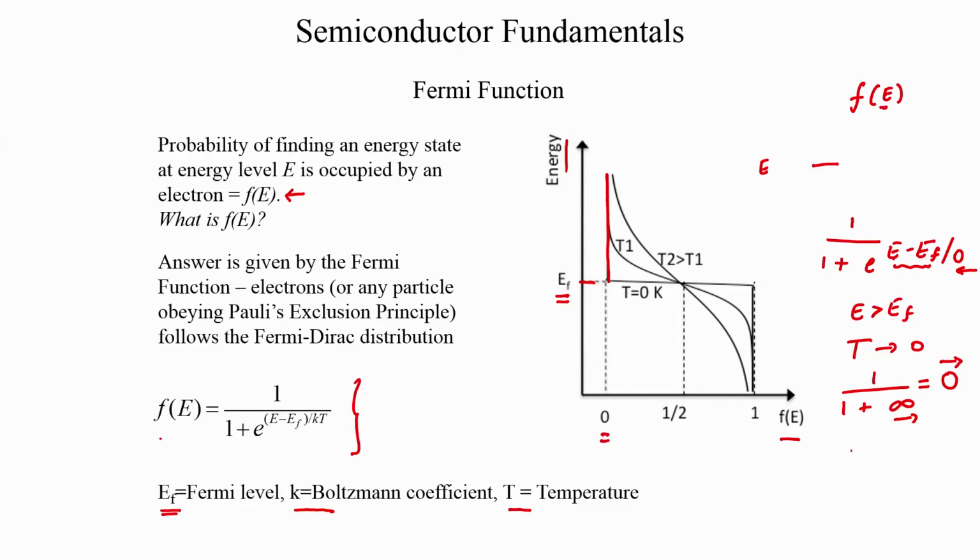Now, the moment E becomes less than Ef, you have 1 by 1 plus e to the power minus a very large number.